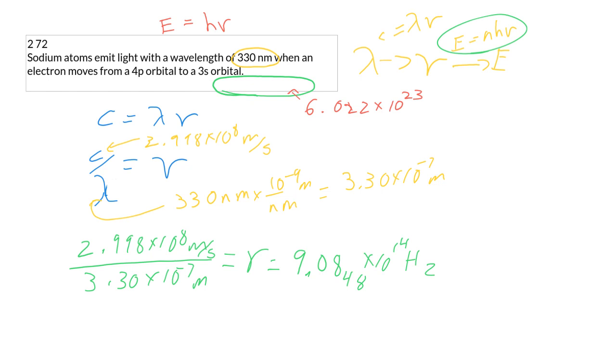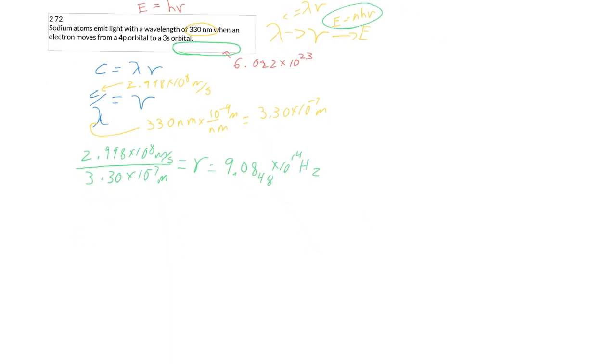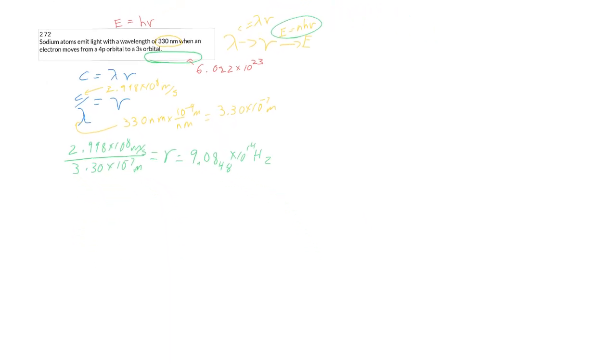So let's take a look. Let me clean things up just a little bit here. So we have E equals our number of photons times Planck's constant times frequency.